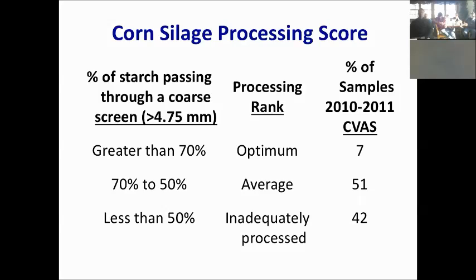Although I'm going to tell you that you need to take those kinds of numbers with a grain of salt, because I think what we see in the numbers changing is also a function of who is actually sending the samples in, right? Because they're not totally random samples that are sent in to do a corn silage processing score.